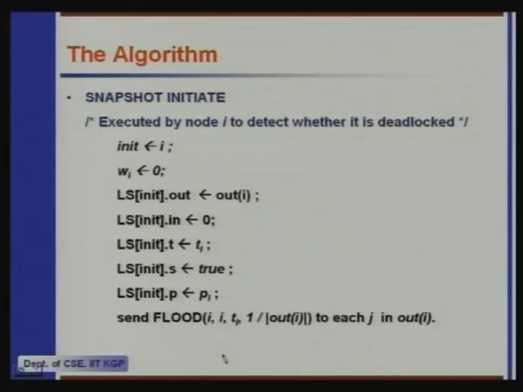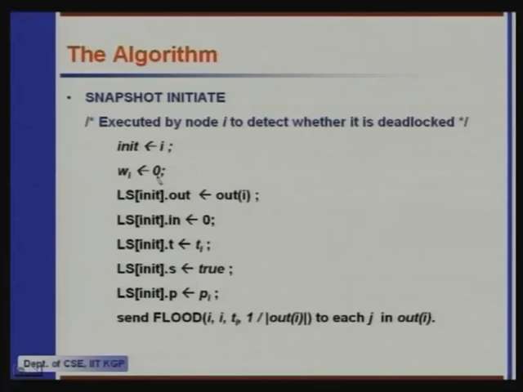This is the initiation, the first step of the algorithm, executed by node i to detect whether it is deadlocked. It sets init to be equal to i, because that is the initiator. It sets wi to 0.